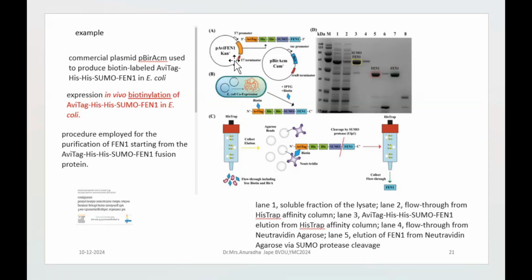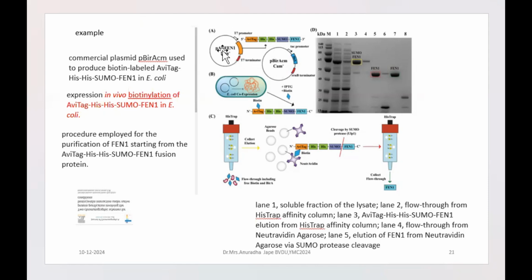Now this plasmid is called FEN1 plasmid with kanamycin marker. It is just plasmid 1 and plasmid 2. No need to remember the names. It is just to share with you the findings of a research paper, so the specific names are included here as they have used these particular plasmids in their studies. But you can just say plasmid first, and it is the modified plasmid. The sequence is added.